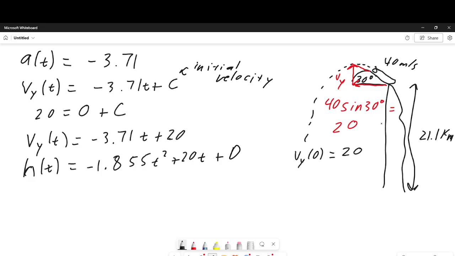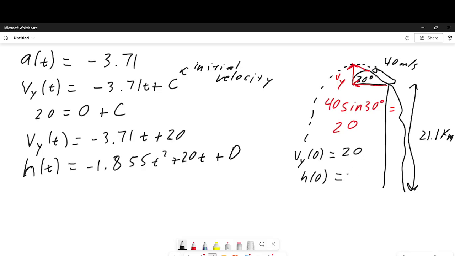In the last problem, we got both constants and then solved for them. But that was because both constants were about the original function, in this case h. Whereas here, one of our initial constants is about velocity, so we had to use it at the velocity stage. And as for this one, what is the height at time 0?